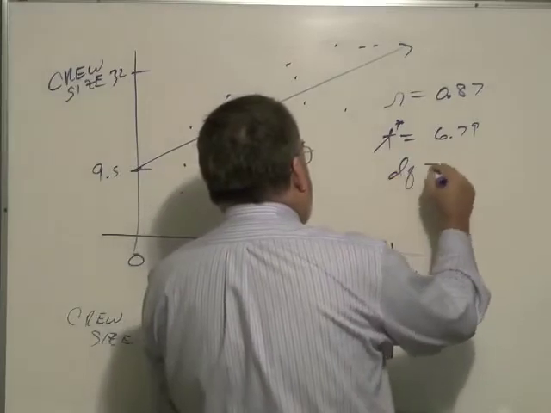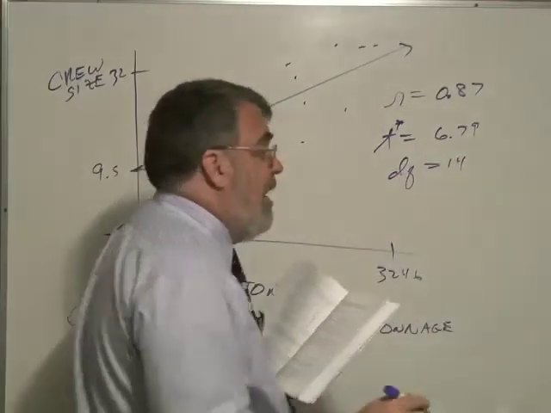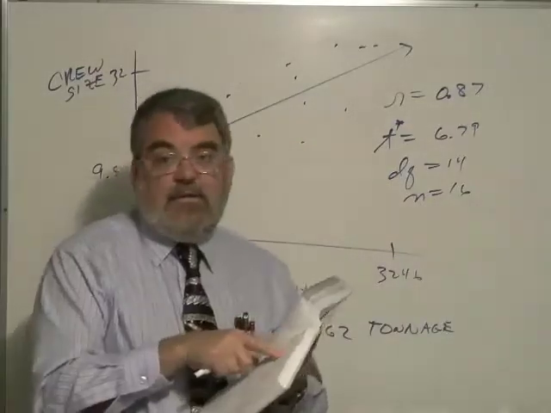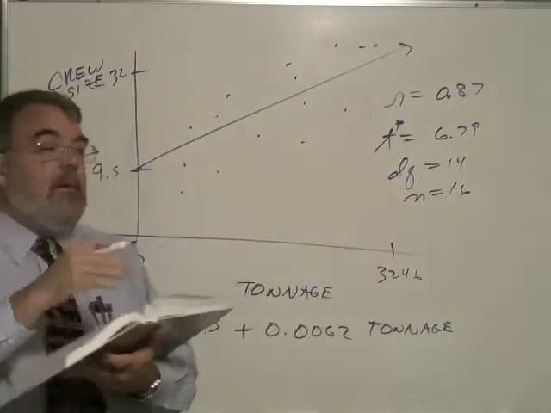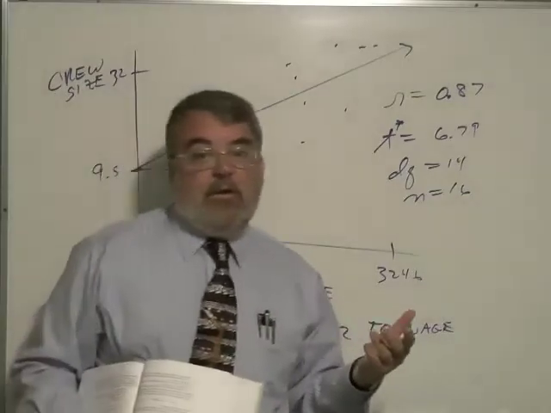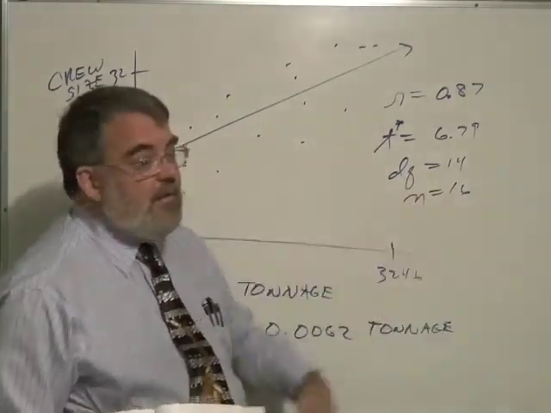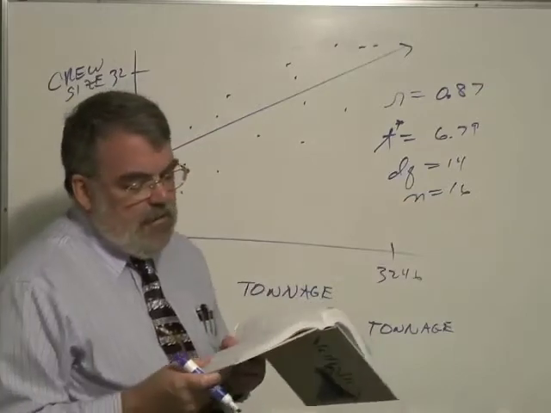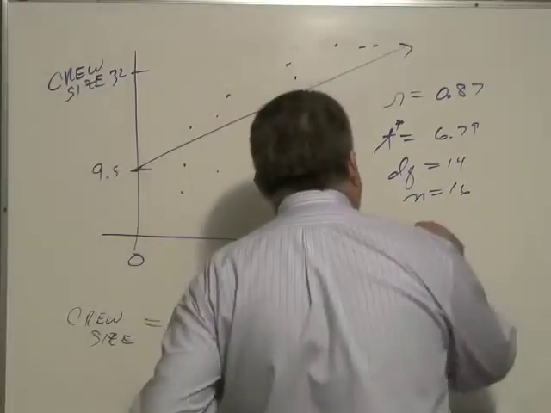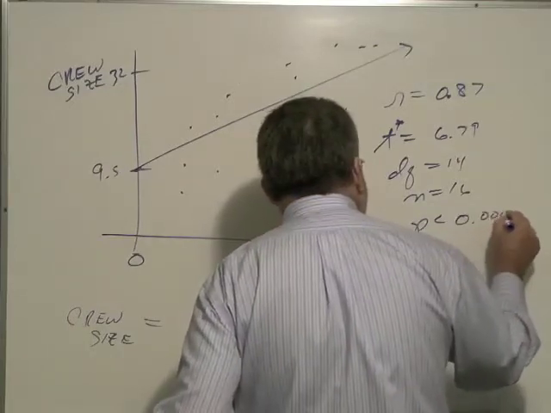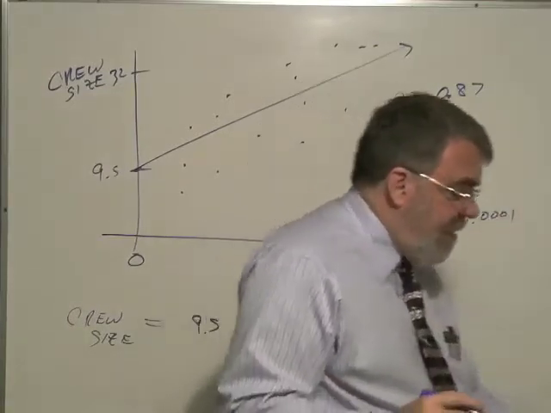Degrees of freedom was 14, which tells us that N was 16. In other words, there were 16 samples. Well, they told us this. It was a study of 16 steamships, and degrees of freedom in linear regression analysis is 2 less than sample size, N minus 2. And then when they did the hypothesis test, they had a very, very small p-value.